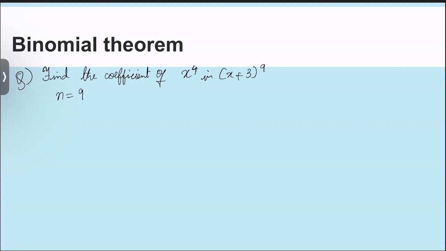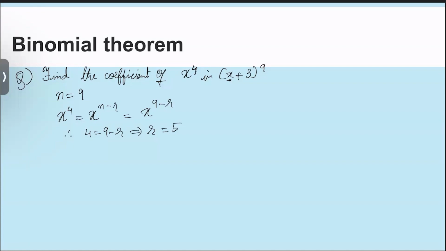If you correlate it with the a plus b form, your a is x, and we have to find x raised to 4. Since this is in the place of a, we can write that x raised to 4 can also be written in terms of n minus r, so x raised to 9 minus r. Therefore 4 is equal to 9 minus r, and so r is going to be 9 minus 4, that is 5.